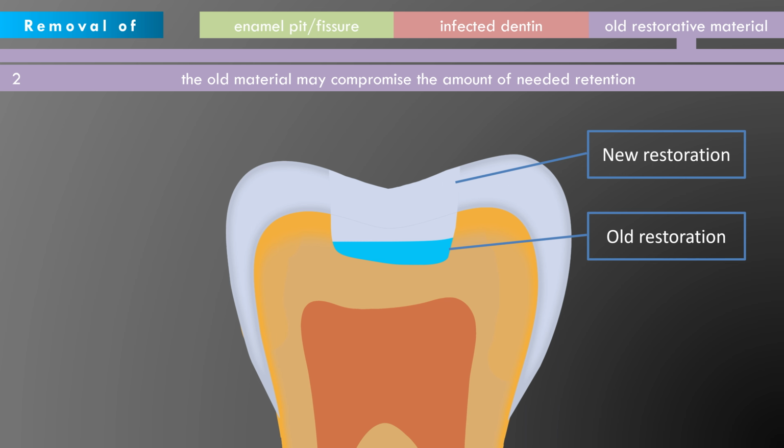That can compromise the bonding of composite to the tooth. So, in order to provide better retention, we may have to remove the old restorative material so that the bond strength of the new restoration that we are placing will be better.